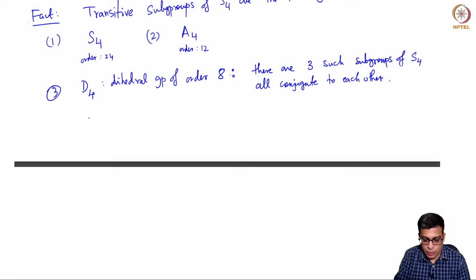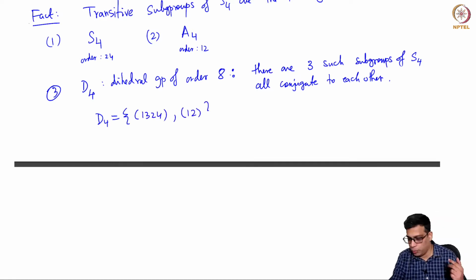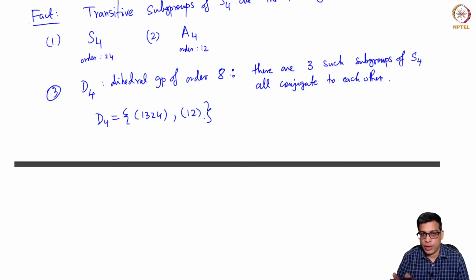For example, one is given by a subgroup generated by, remember, a dihedral group D4 has 2 generators, one of order 4, another of order 2, and there is a particular relation between them. That is satisfied if you take an element of order 4, that means a 4-cycle, and a 2-cycle, and there are 2 more like this.